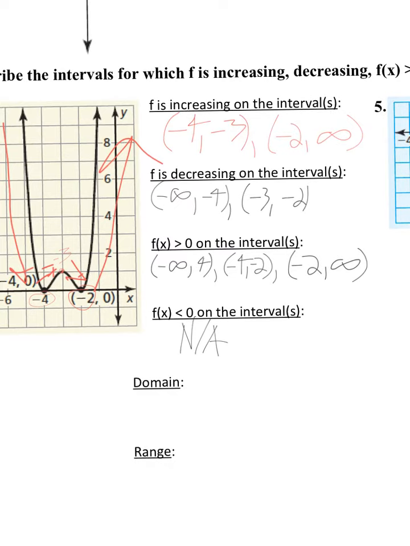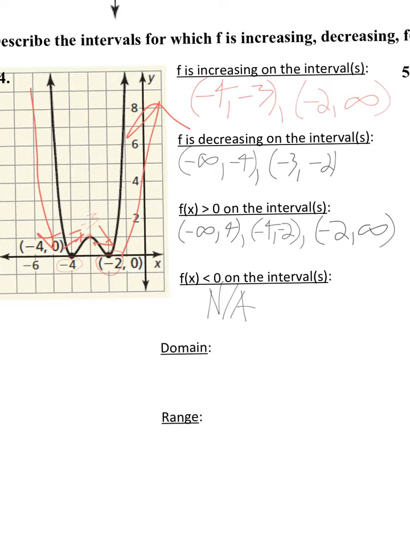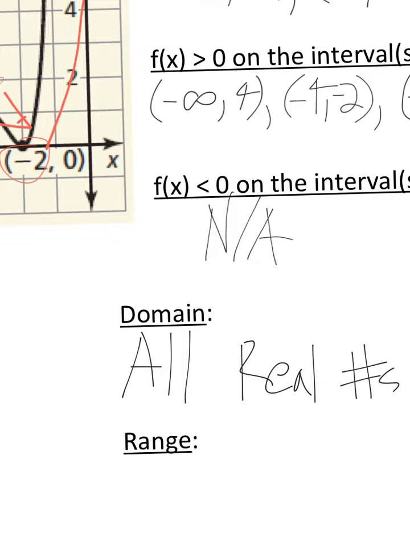The domain and range, in the 5.8 notes, I said that the domain, whether it's odd or even, is always all real numbers. And then if it's an even one, it just depends on the highest or the lowest y value. And then if it's odd, the range is all real numbers as well. So the domain, all real numbers, and then that range depends on that highest or lowest value.